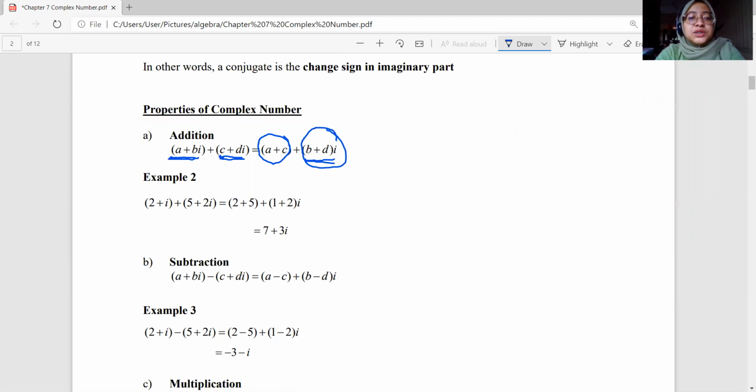Example 2 applies the addition concept. The first one is 2 plus I plus 5 plus 2I, and how do we solve it?